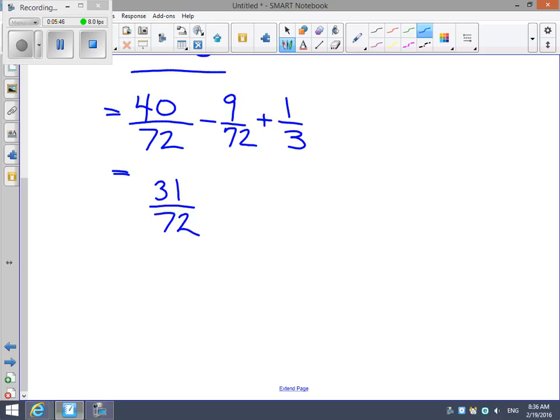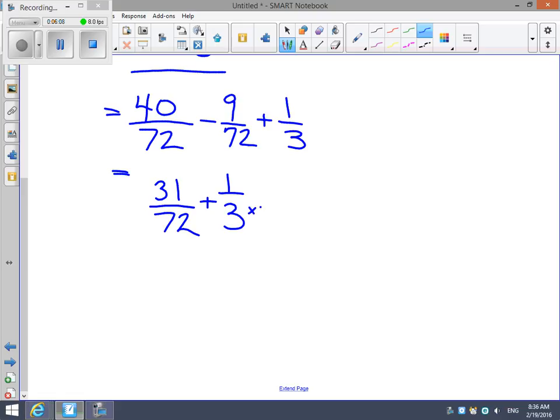Now here's where if we had taken that 1/3 and made it a common denominator of 72, we would have saved ourselves a step. I didn't do it there, so I have to rewrite it. I know 3 goes into 72. Let's see, 30 is 10, 60 is 20, so 24 times.